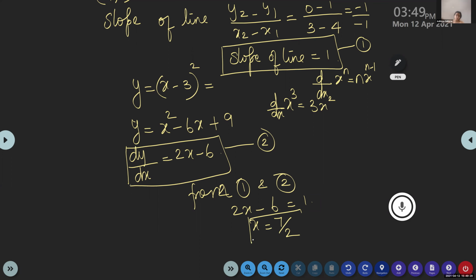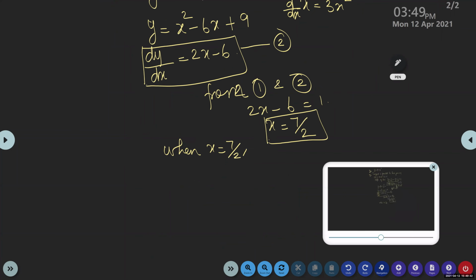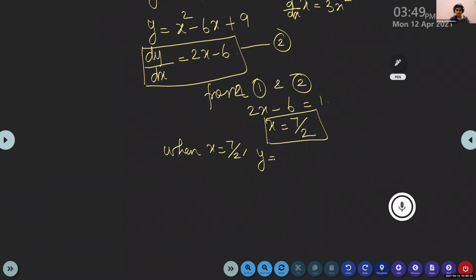So x is 7/2. If x is 7/2, what's the corresponding value of y? When x is 7/2, what is y? 1/4. Is it correct, Karthik?